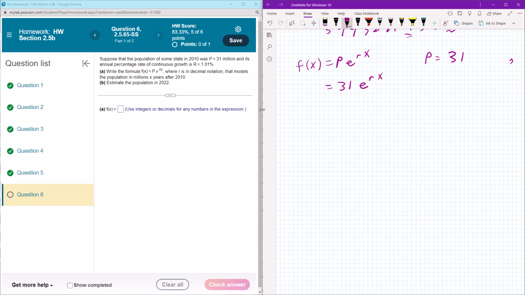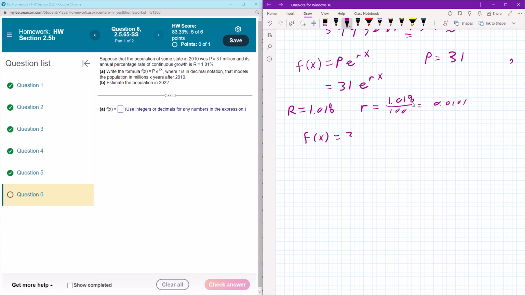So we get R from capital R. R over here is 1.01%. Little r is basically capital R in decimal notation, so it's going to be 1.01% divided by 100, which will be 0.0101.